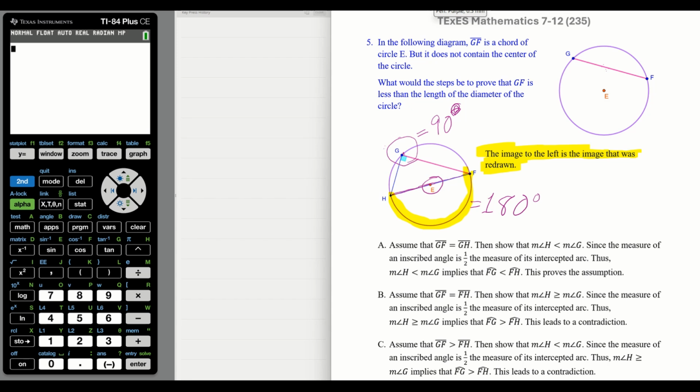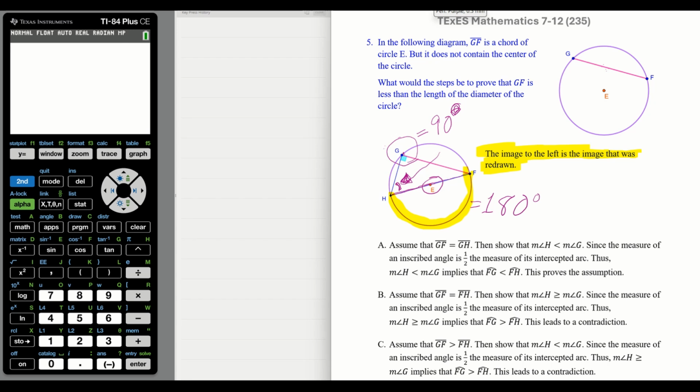The arc FG creates an angle of H, and that H angle will be half. So H is 1/2 of FG. We have to go in order because we know the properties of this right triangle, the concept of the two legs equal the hypotenuse.